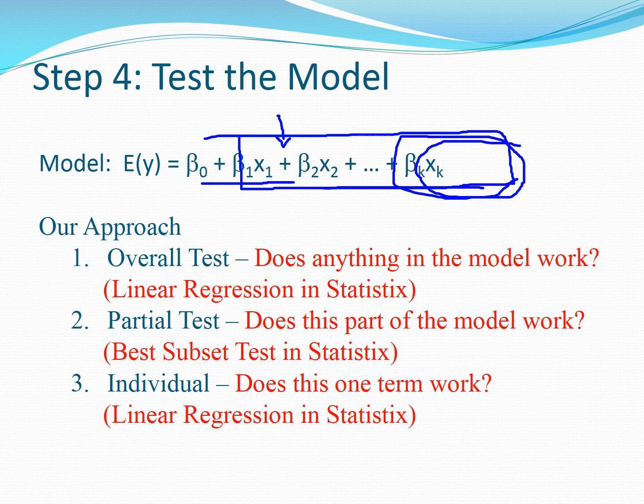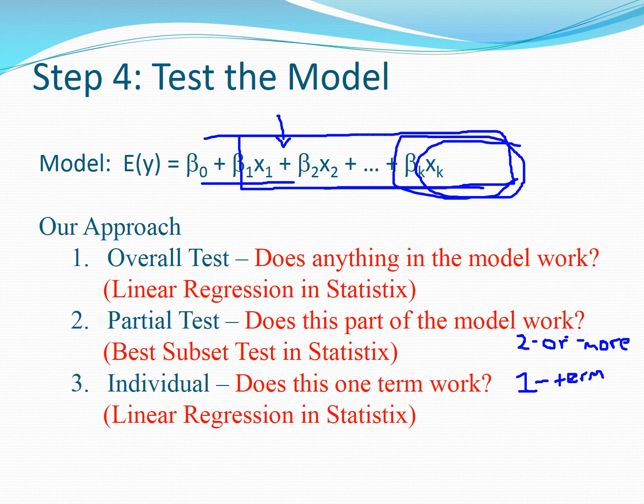Whenever you're testing 2 or more pieces of the model, we're going to use what's called the best subset, sometimes referred to as a partial F test, but that's when you're testing 2 or more terms. And this one, individual, is when you have just a single term. So 2 or more is a partial, 1 term is an individual.